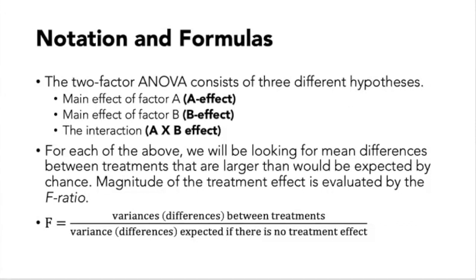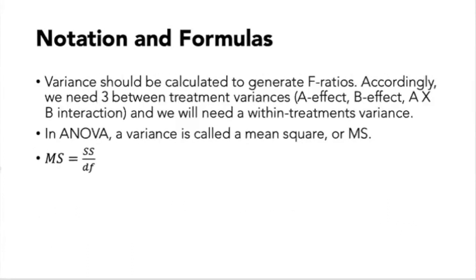So like I discussed with you earlier, we are interested in the A effect, B effect, and also the A and B effect. Here's the F ratio: variance between treatments divided by variance expected if there is no treatment effect. Now, we need a little bit of formulas and notations here as well.